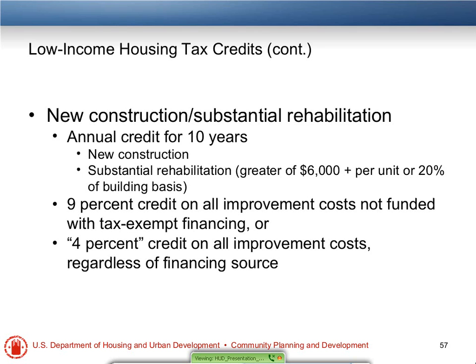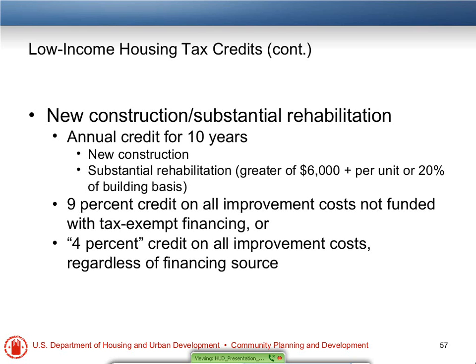And there's two types of projects and really two credit amounts. The 9% credit is the amount that you could take on all improvement costs that are not funded with tax-exempt financing. The 4% credit is on all improvement costs, regardless of the financing, and essentially this would be a tax-exempt bond deal.